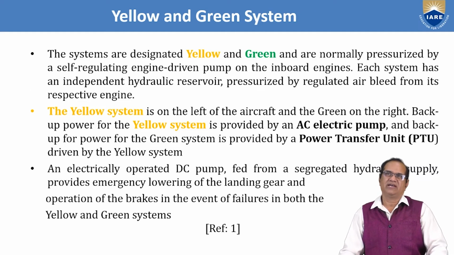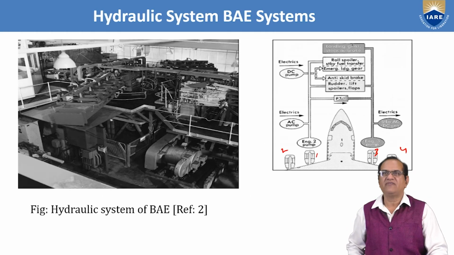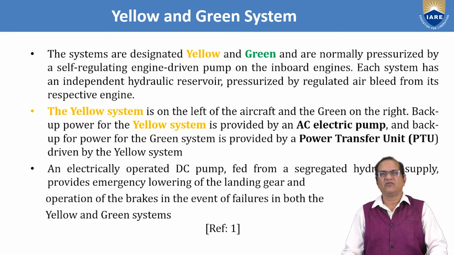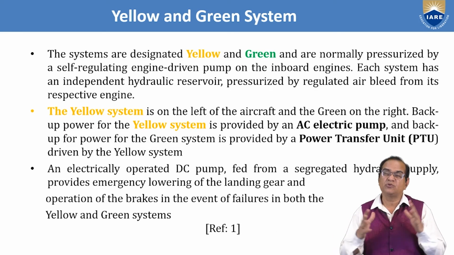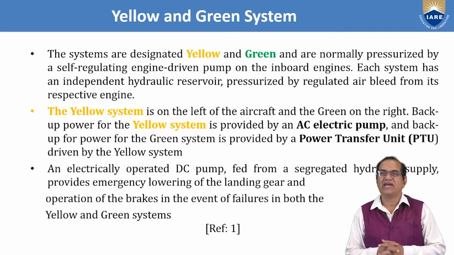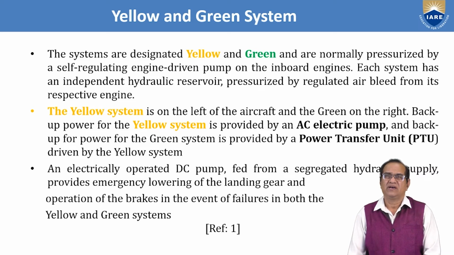So in the whole aircraft, the hydraulic system can be divided into two groups: one is the yellow and another is the green system. The systems are designated as yellow and green and are normally pressurized by a self-regulating engine-driven pump on the inboard engine.